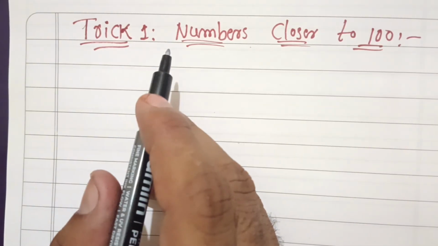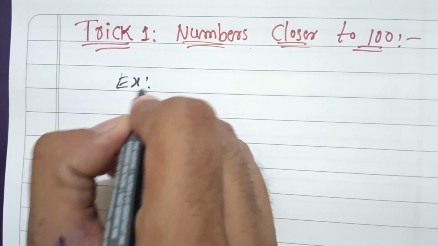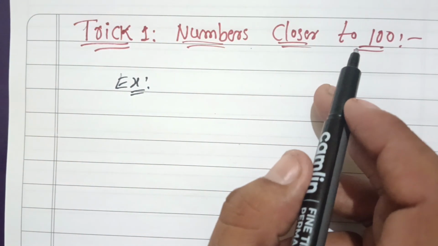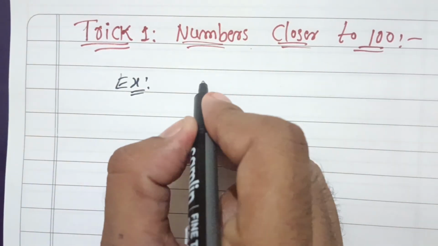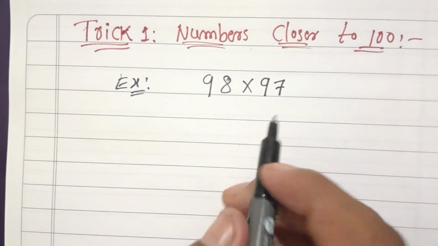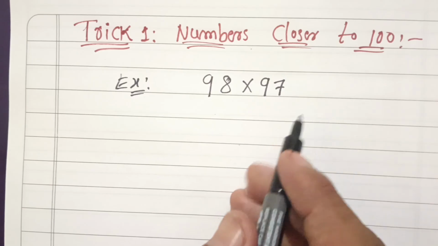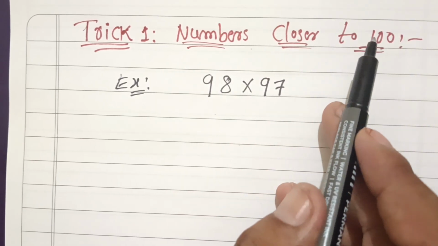Okay, now let's move to our tricks. The first one is numbers closer to 100. Let us take one example, here I am writing 98 into 97. Both 98 and 97 are closer to 100, right?